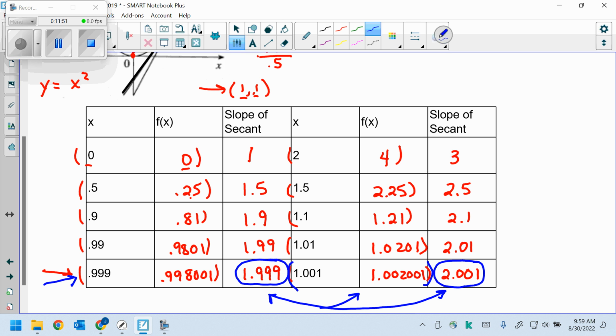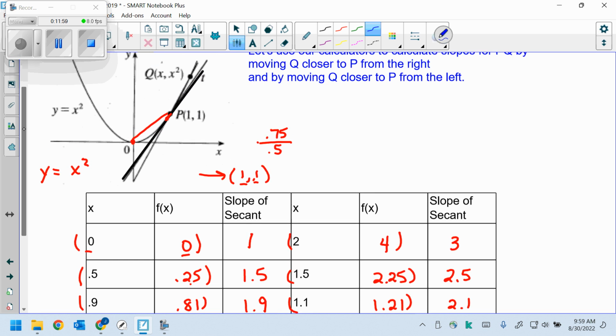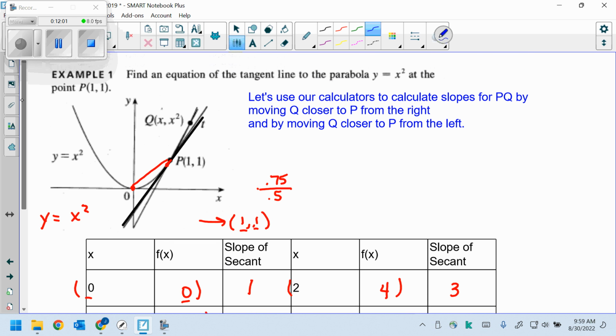And if you said, you know, the slope of that secant line, pretty darn close to 2, I think that would be a really good estimate for the slope of our tangent. So as I write the equation of my tangent line, the equation of a line in slope-intercept form in this case, I think the slope is 2.